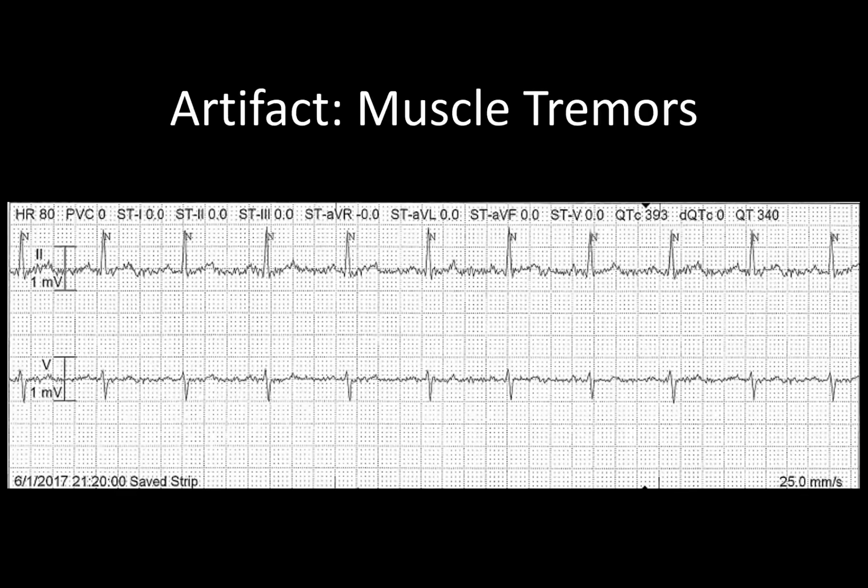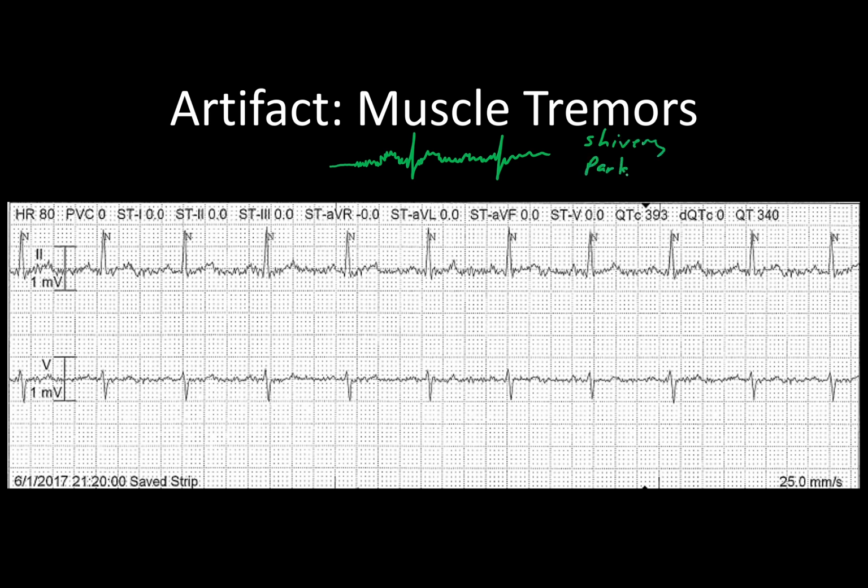So, muscle tremors. This one happens all the time on a daily basis. The idea is this: instead of having a nice clean line, the person is shaking enough that it makes it really hard to tell what's going on. And it's not because it's an actual rhythm. Shivering is a good one.